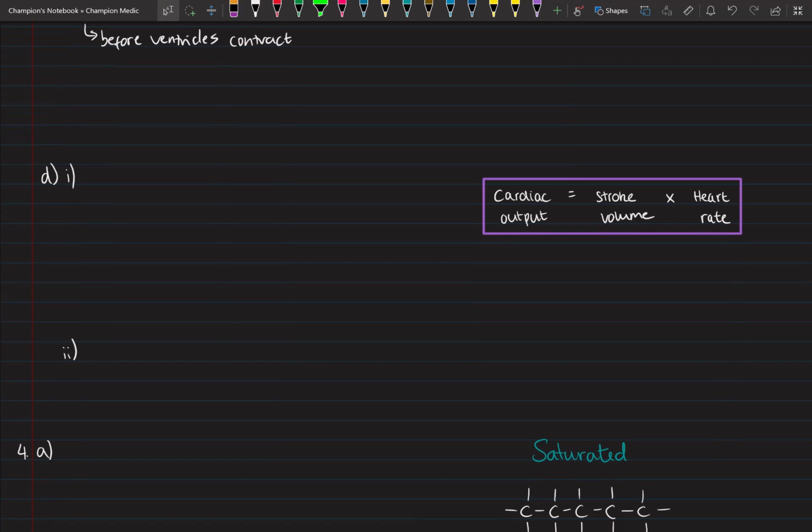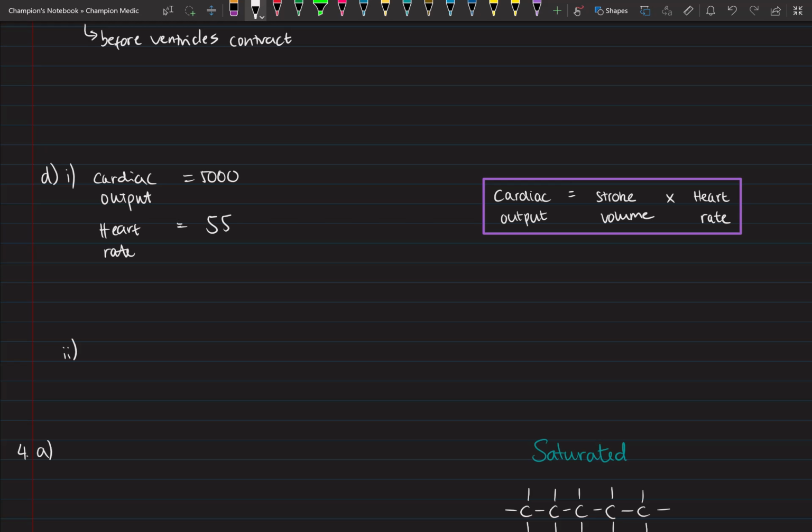The next question is a maths calculation question. Do you want to go through it? Yeah, so it says calculate the athlete's stroke volume after training. So the values for after training, we know the cardiac output is 5,000 and the heart rate is 55.